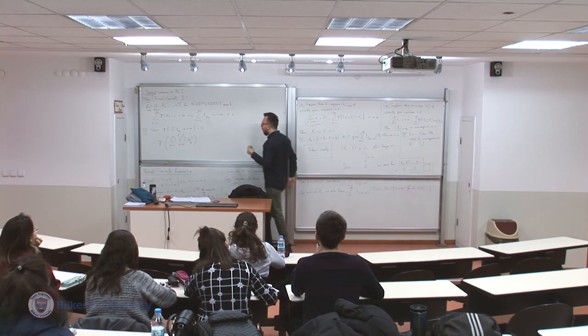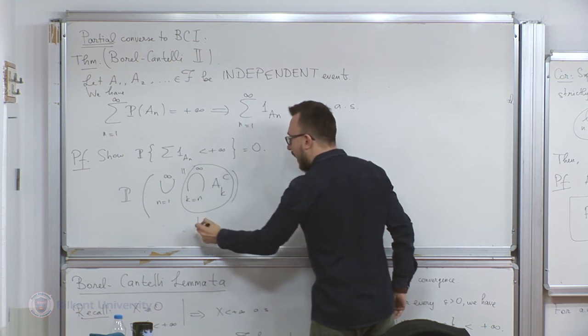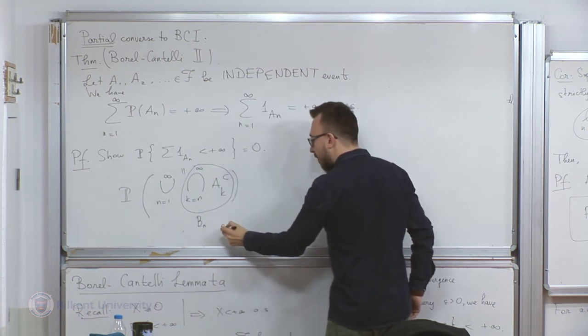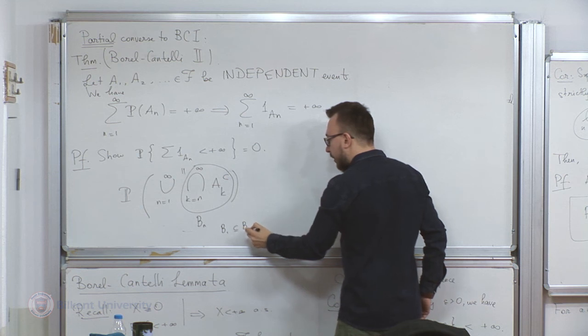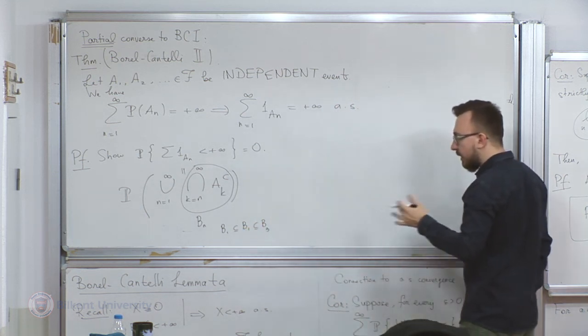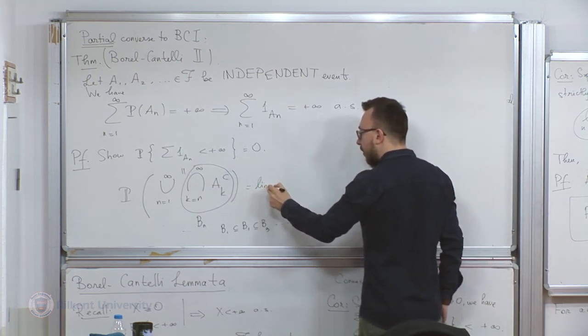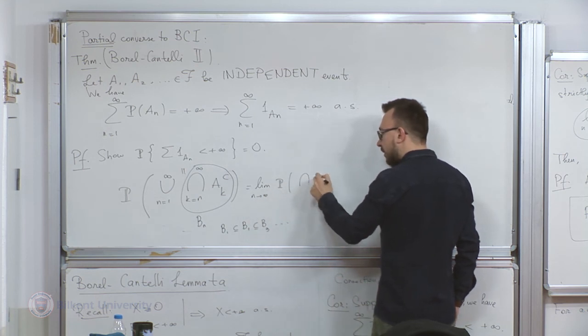Okay? So let's just call it Bn, okay? So we have B1 smaller than B2, smaller than B3. They form an increasing sequence of events. So this is indeed the limit of the probabilities of those intersections.